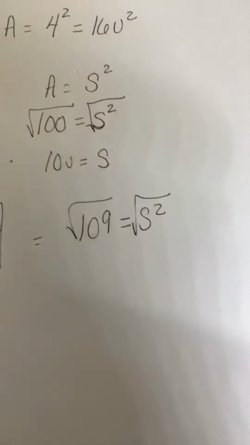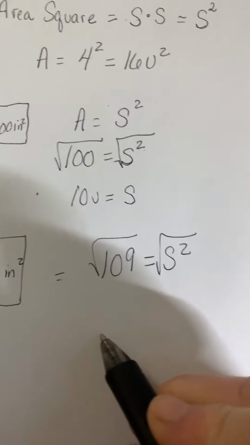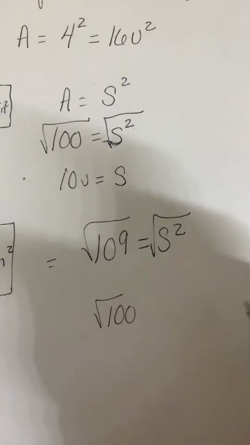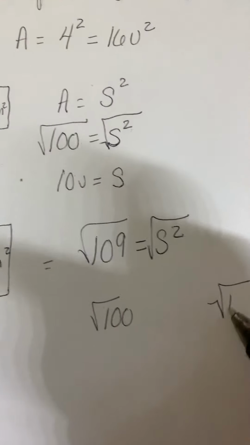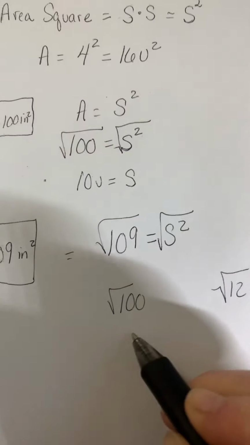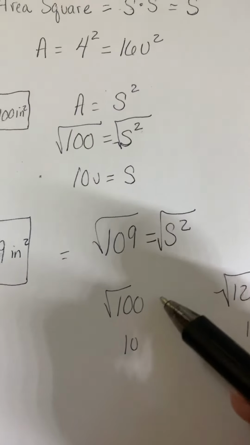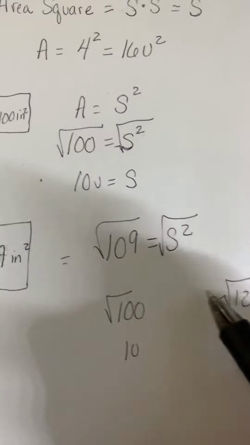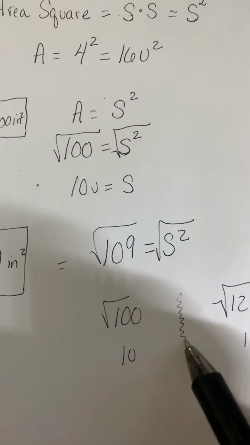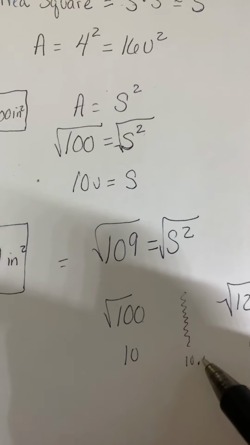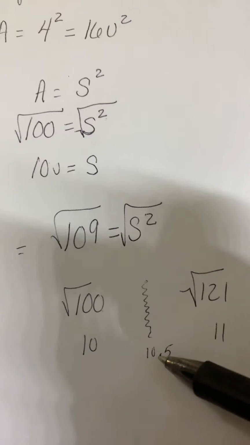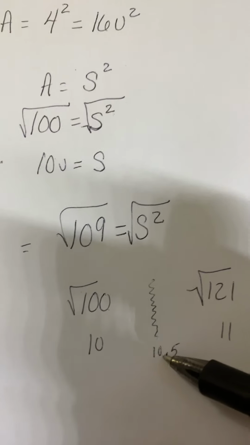So we go back to what I showed you previously, and you find out what two perfect squares this is between. It's between 10 and 11, right? It's definitely closer to 10, and it's not halfway. And halfway would be 10.5. So I can't say approximately 10.5 because it's not halfway.